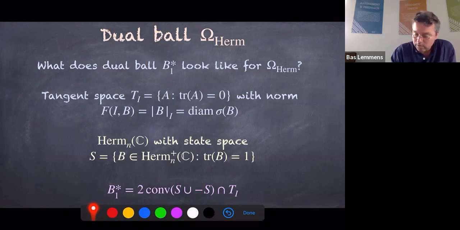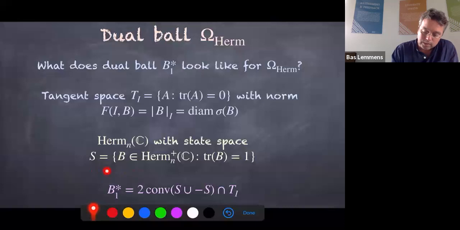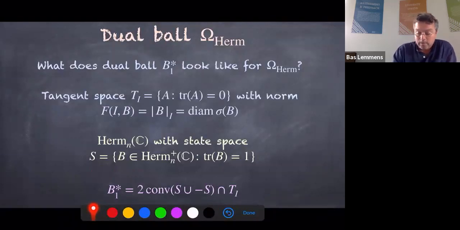If you do some C-star algebras, you would say if you apply the functional to the unit, you get 1. This is like saying that the trace of B times the identity matrix is 1, so the dot product between B and I is 1. Okay, so this is what is called the state space. And what I can do is take the state space and take the union with minus the state space, and take its convex hull.